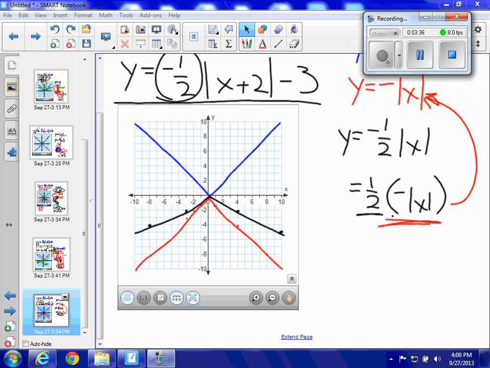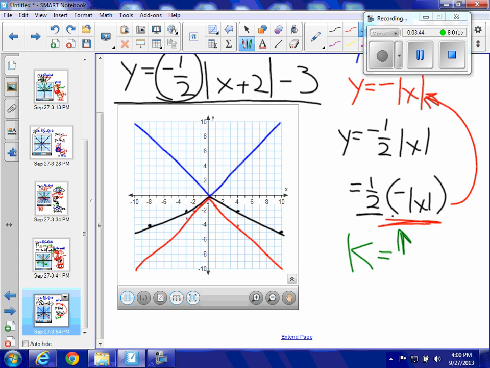Well, I've learned that the k is going to be a vertical shift, and my k here is a negative 3. And I know that my h is a horizontal shift. I grok now that it is going to move it 2 to the left.